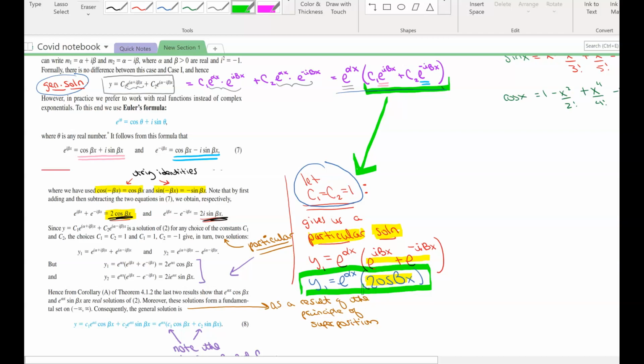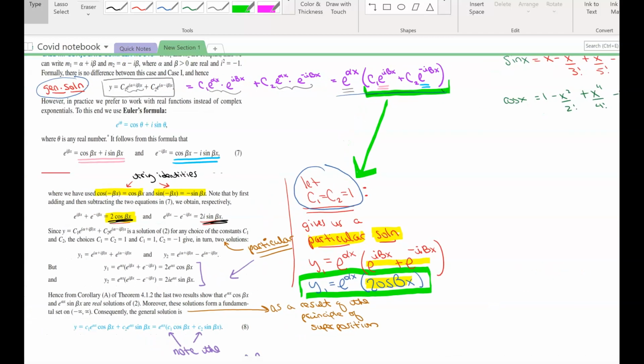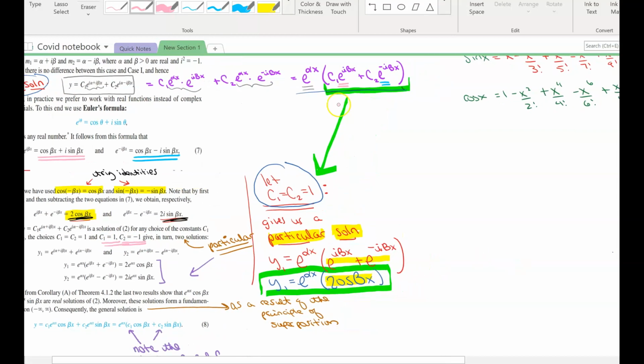Now, I'm going to choose another choice of constant 1 and constant 2. And this is where they talk you through right here. Just read this part right here. If you pick C1 equals positive 1 and C2 equals negative 1, you will get another particular solution.